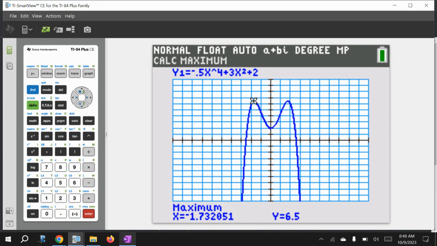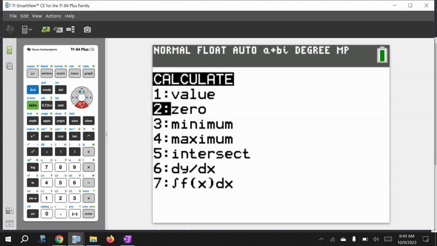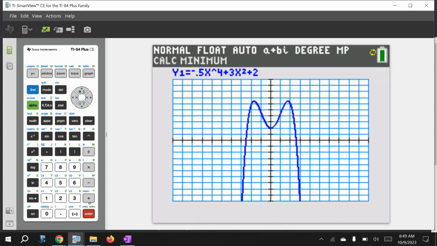The next, as I travel to the right, I've got a minimum right here. I think that's the 0.2, but maybe it's not. So I'm just going to use the calculator to help me verify that. Second trace, I'm going to go to the minimum tool.